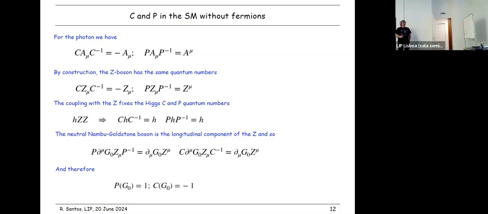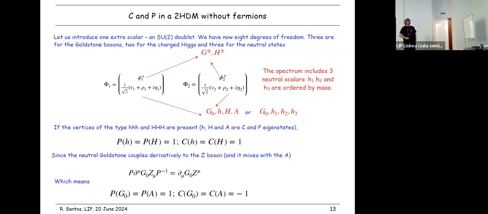And if you put everything together, you will see that the C of h is 1, and the P of h is also 1. And as for the Goldstone bosons, the P of G0 is 1, and the C of G0 is -1. So this is the standard model.